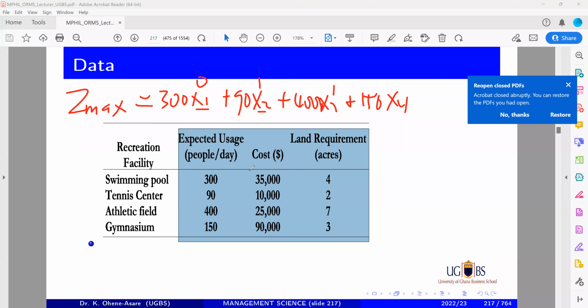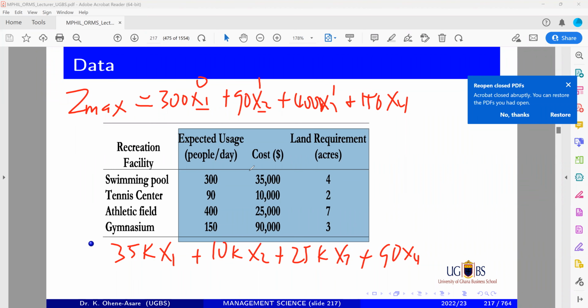The budget constraint is going to be 35,000. I want to remove the 1,000. So 35K X1 plus 10K X2 plus 25K X3 plus 90,000 X4, all of these less than or equal to 120,000.